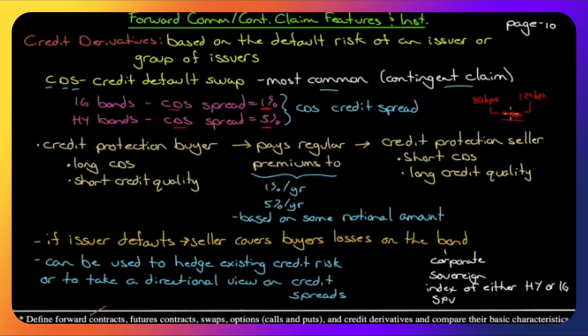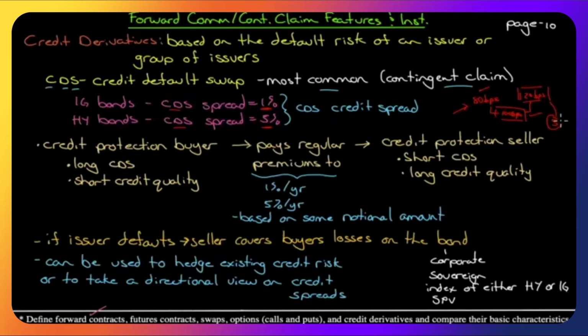Since the seller will be receiving premiums based on 100 basis points, if the true spread is 80, the buyer is going to overpay. So the seller must give the buyer an upfront payment. If it's 120 basis points, since they're only paying the seller based on 100 basis points, they'll be underpaying. The buyer must pay the seller an upfront payment.